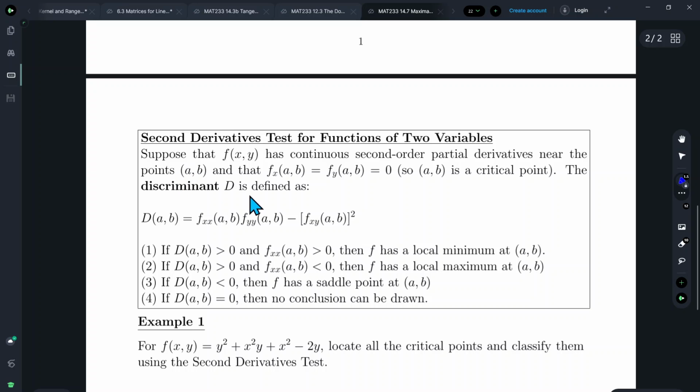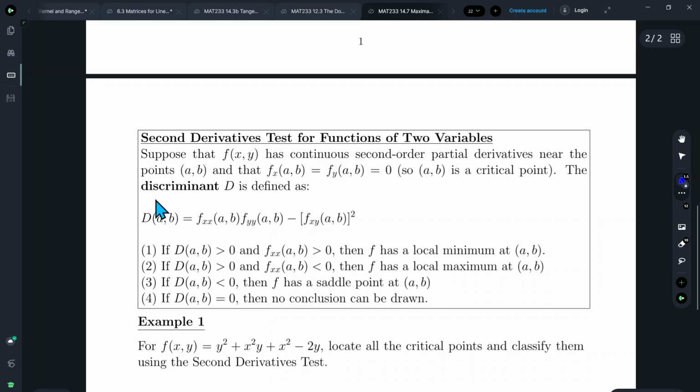What we have to calculate is something called the discriminant, which involves all of the second order partial derivatives. The discriminant is the second partial derivative with respect to x times the second partial derivative with respect to y, minus the mixed partial derivative squared.